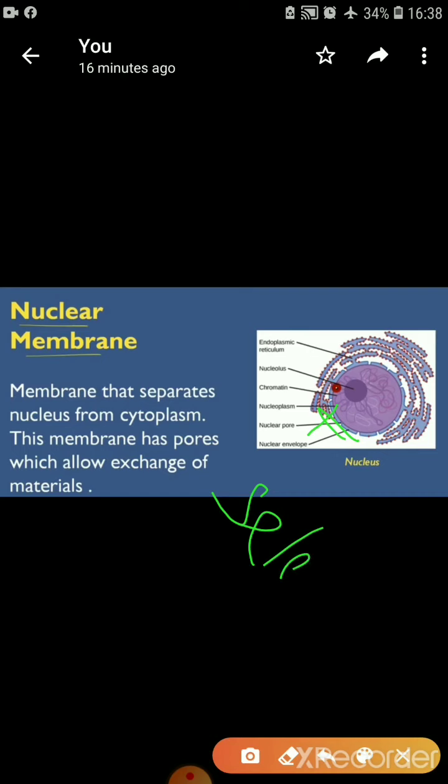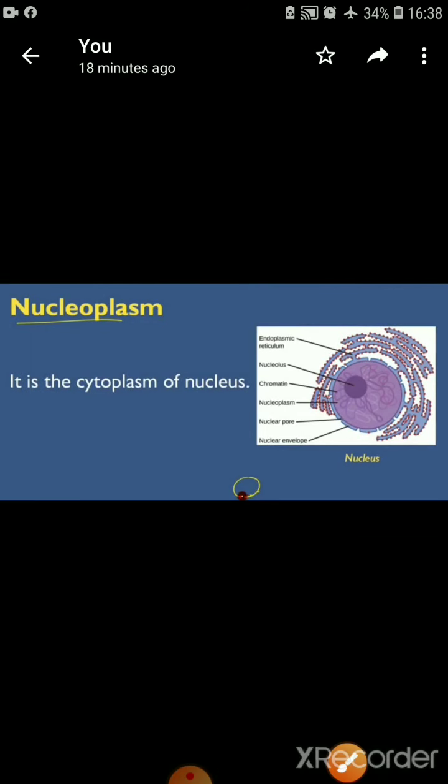Only selected material is allowed to go in and come out, isn't it? That means there are some selected materials in the cytoplasm which pass through this nuclear membrane. Clear?